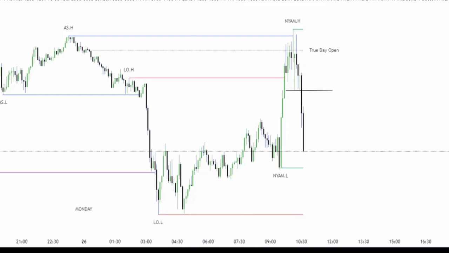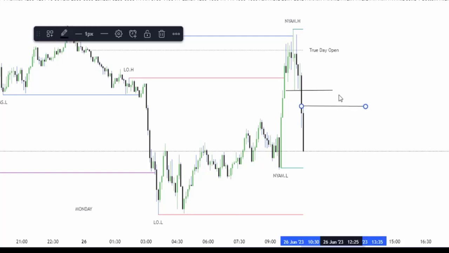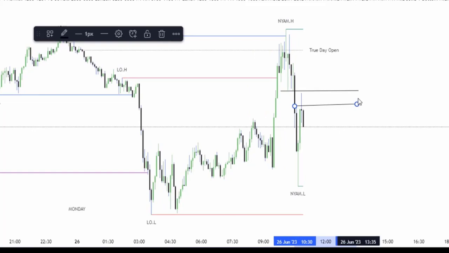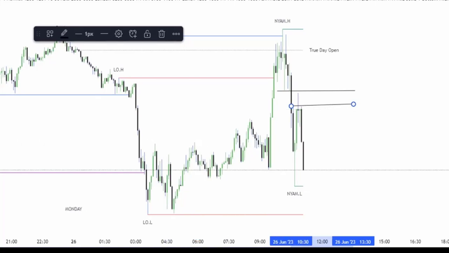And right here, as you can see, we have some sort of a fair value gap. If we continue playing, price comes back to the fair value gap, and it has failed to close above the fair value gap. It continues going down.